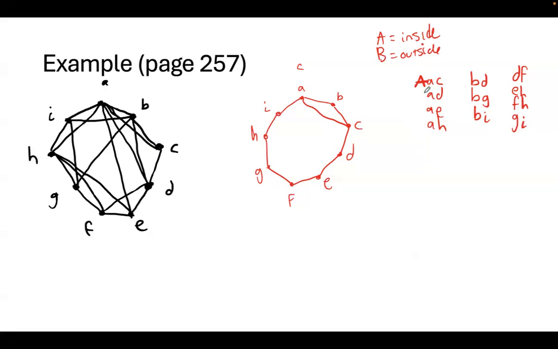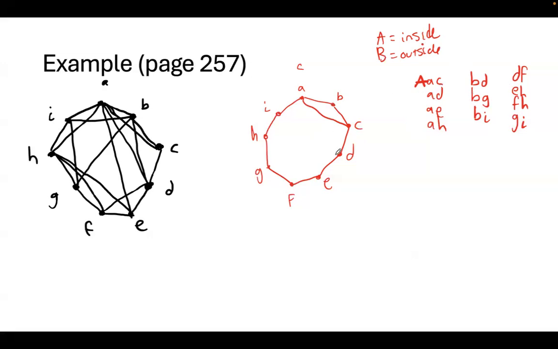Okay, so if we put AE in, then we're disallowed from doing BD. So any of the B's we can't do because that would cross. So all of these, let's put them in B instead.